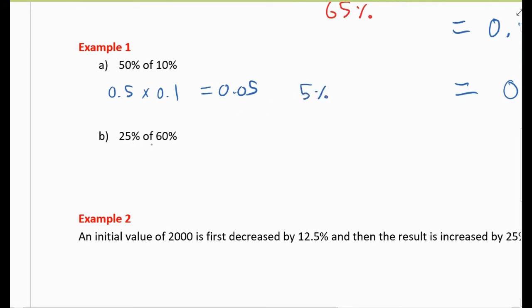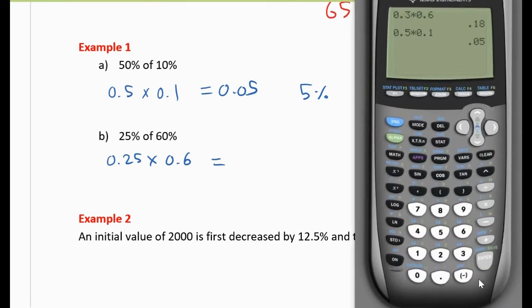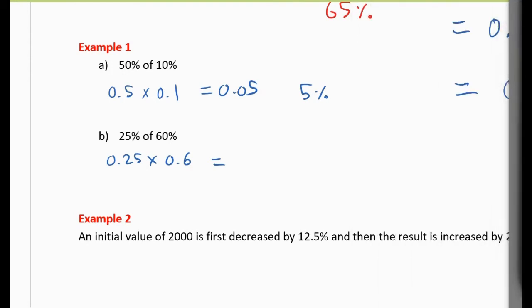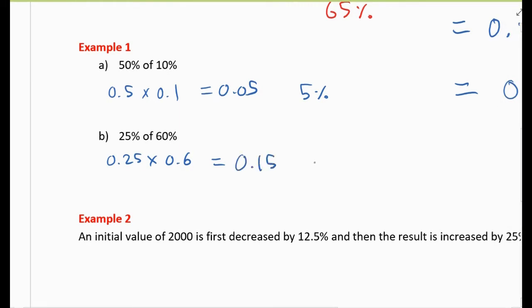Next, 25% of 60%, so 0.25 times 0.60. 0.60 is the same as 0.6. Putting this into the calculator, 0.25 times 0.6 is 0.15. That is 15%.